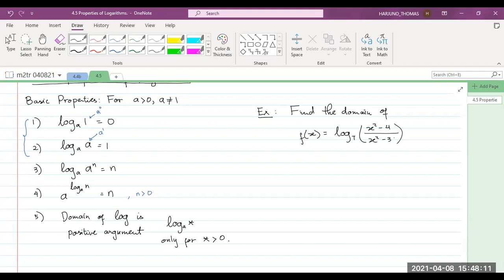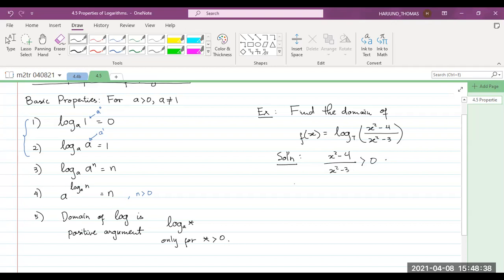Find the domain of that log function. You never see this question in our textbook, even though it is in our West LA College textbook. And the domain of log is that the argument is positive. So what you need to solve is that (x squared minus 4) over (x squared minus 3) is strictly greater than 0. That's all you need to solve.